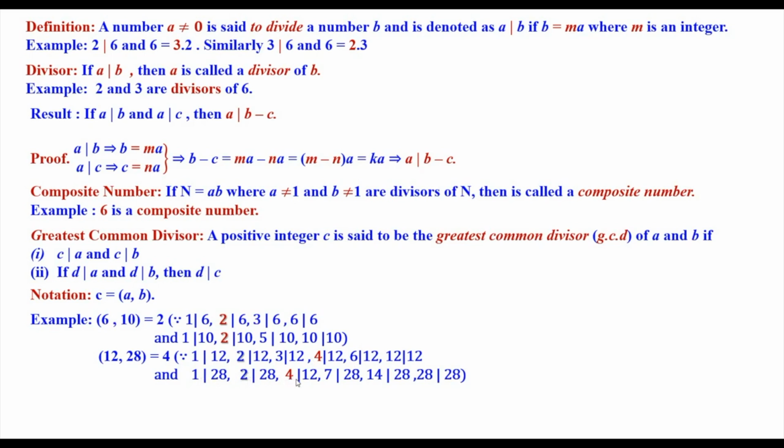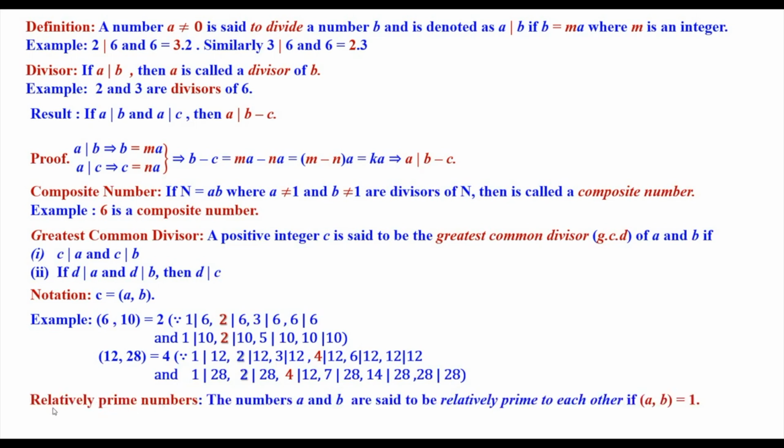Among these three, we have 4 to be the greatest common divisor. So we have GCD of 12 and 28 to be 4. But if the numbers are too large, then this method cannot be used, for which the Euclidean algorithm is to be used. So that is not dealt with here.